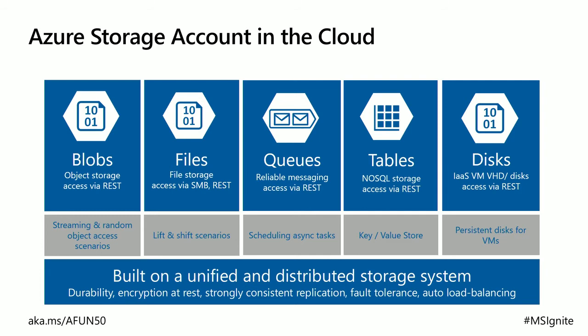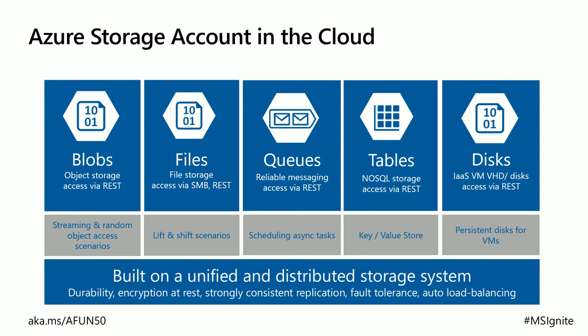All of this is going to inherit the benefits of that overall Azure storage. That's going to be the durability, and we'll talk a little bit about how we manage reliability and replicas and those sorts of things. Everything is going to be offered encryption at rest, so when the data is written to the disk and it is sitting on the disk, it will be encrypted. We can extend that out to in-transit as well, and we'll talk about that. We're going to get a strongly consistent replication platform.